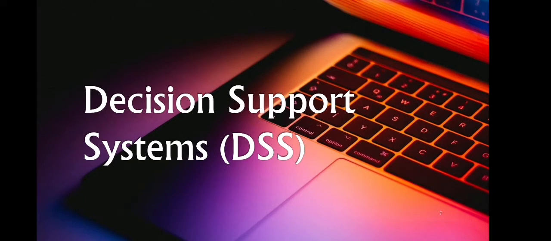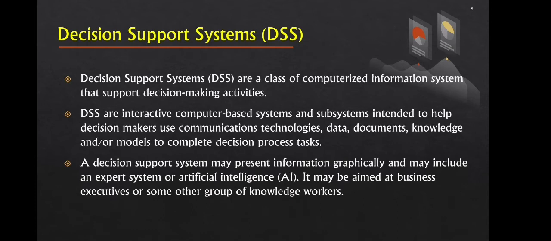We now go to Decision Support System or DSS. Decision Support Systems are a class of computerized information system that supports decision-making activities. DSS are interactive computer-based systems and subsystems intended to help decision makers use communication technologies, data, documents, knowledge, and models to complete decision process tasks.